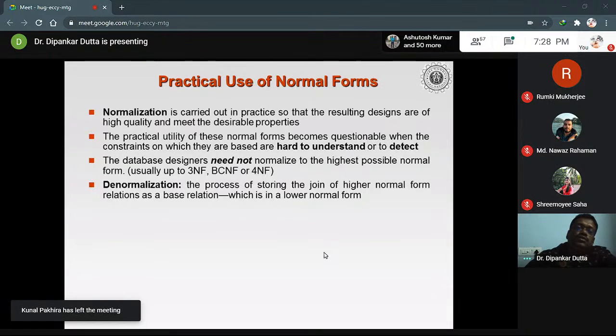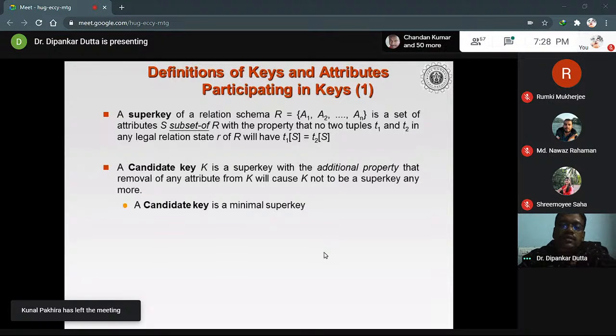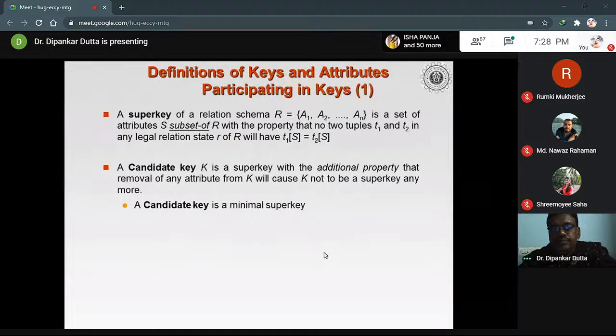A candidate key K is a super key with the additional property that removal of any attribute from K will cause K not to be a super key anymore. So a candidate key is a minimal super key. Suppose in a super key there are two attributes A and B. If we remove A from the super key, B is not unique. Or if you remove B from the super key, A is not unique.